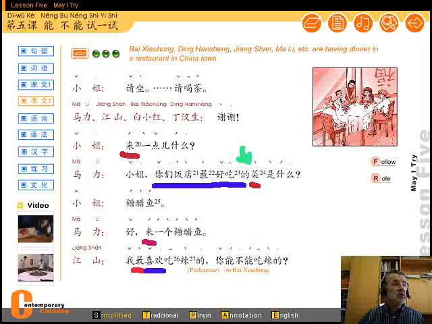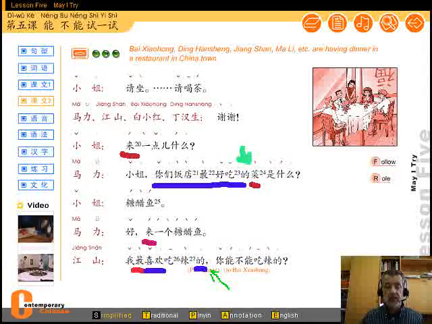And then 我最喜欢吃辣的. Now you notice that part of the sentence there finishes on the 的. And like we've said many times before, basically there they've left out the obvious, which in this case is the word 菜.